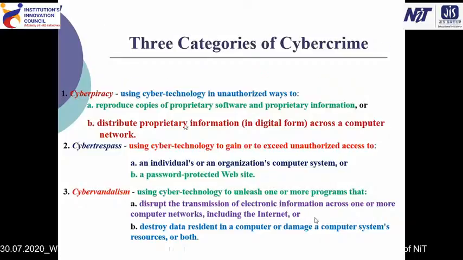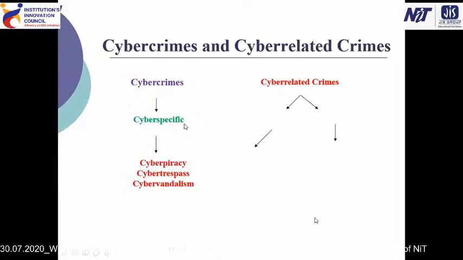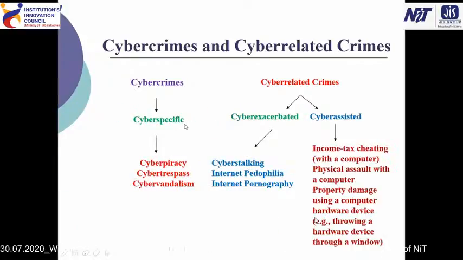Next, the cyber crime and cyber related crime. Cyber specific crimes are cyber trespass, cyber vandalism, and cyber related crimes are cyber exploited and cyber assisted, cyber tracking, and internet pornography.